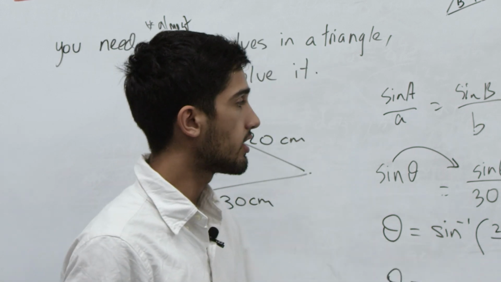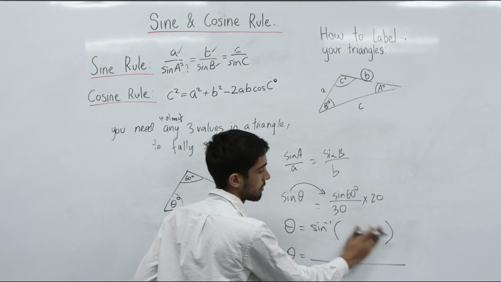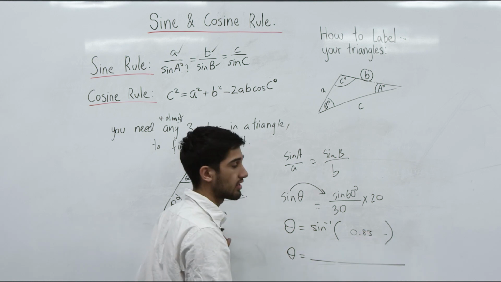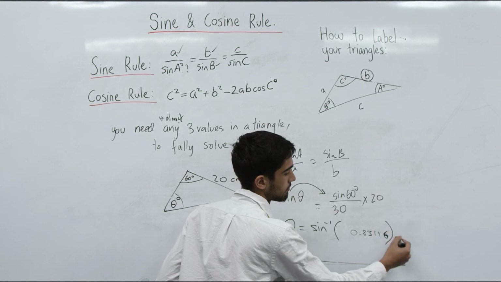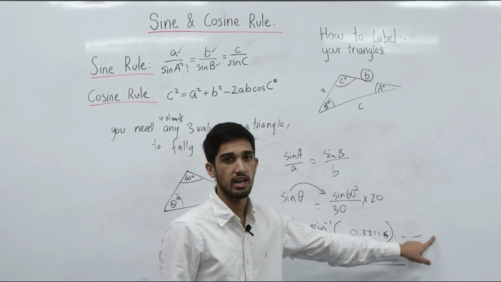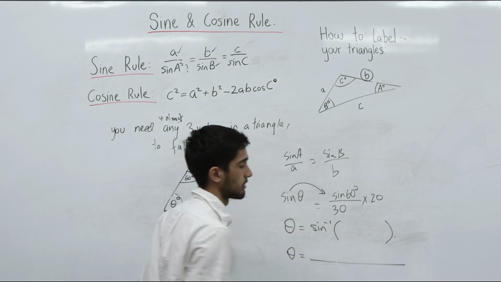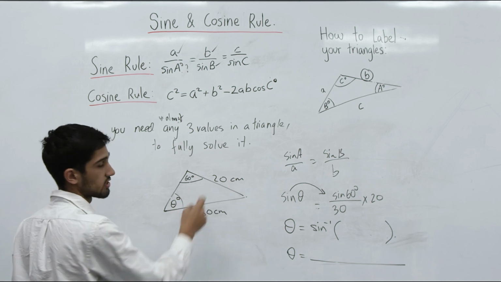If you don't do that, you might have some rounding errors. We might say that this value, when we round it, is 0.83, but in reality, if we didn't round it, it's 0.83116 and so on. If we use this number by typing it all at once, we'll get the most accurate answer. Okay, so that's how you find the angle using the sine rule.